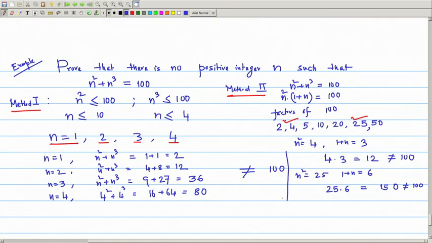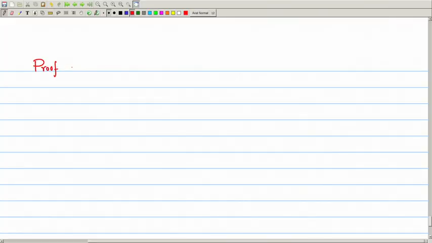So, this is one technique which comes from either the direct or indirect method, but we categorize it in a different way. We call it proof by cases, and many times this is very helpful or much easier to prove some theorems. So, this is the proof by cases.